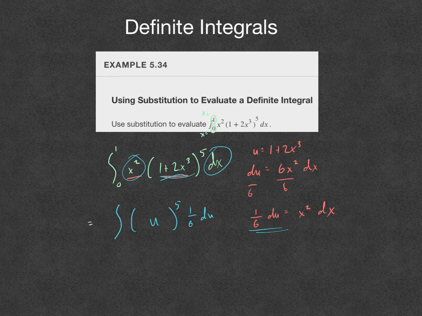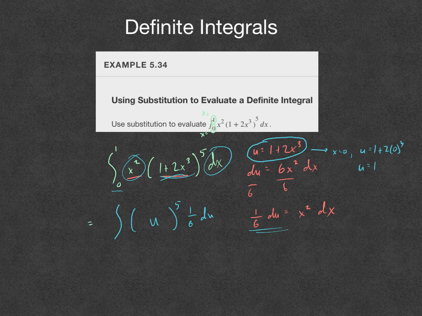All right, so what do we do with the bounds? If I just had the exact same process as the earlier examples, this wouldn't be any different. I need to do something new now because I have the bounds. Well, the bottom bound in terms of x is 0, so we use our substitution to find a new bottom bound. If x is 0, then u is 1 plus 2 times 0 cubed, which is equal to 1.